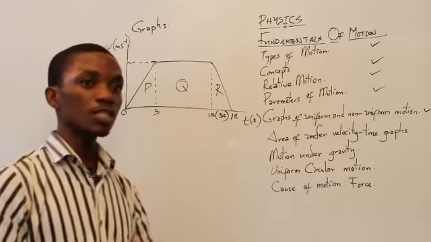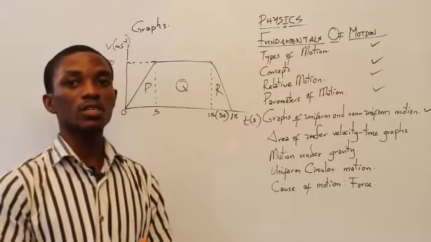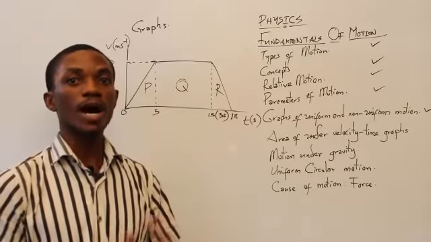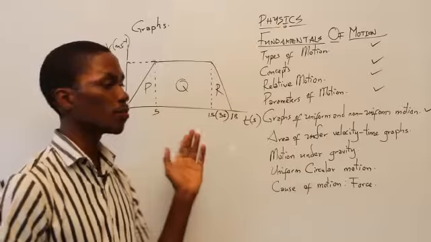So all we need to do is calculate the area of each of the shapes, then add all of them together. When we add them together, it will give us the total distance traveled in the course of the movement.